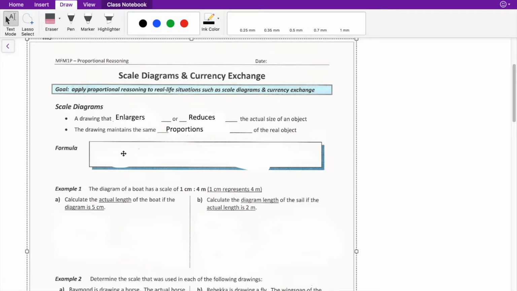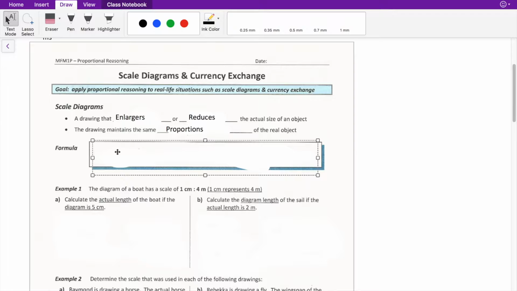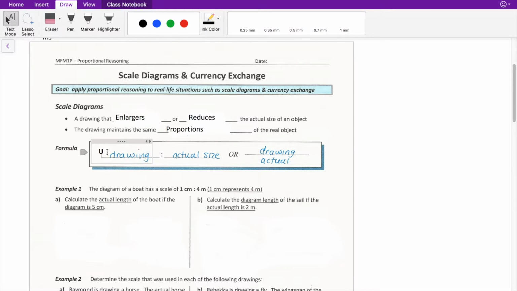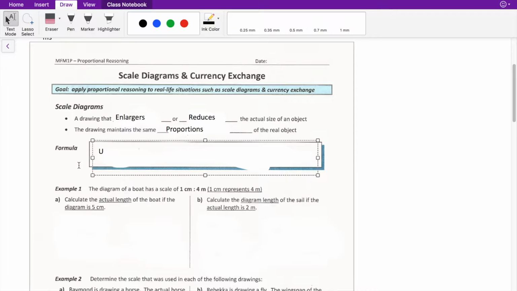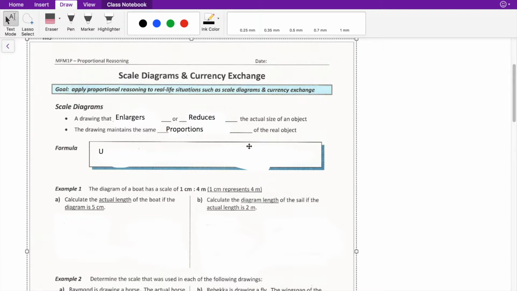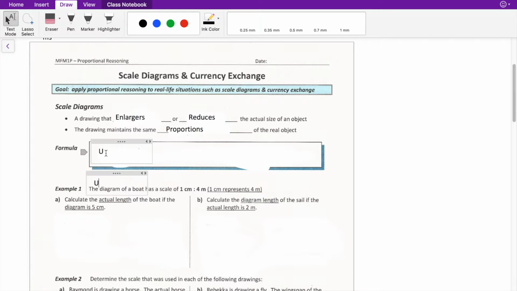So how to do the formula is as follows. I like to put my unknown item on top, and my known for that item below.